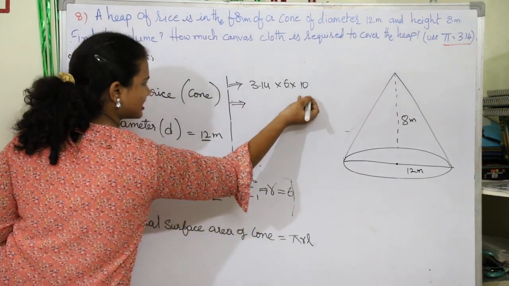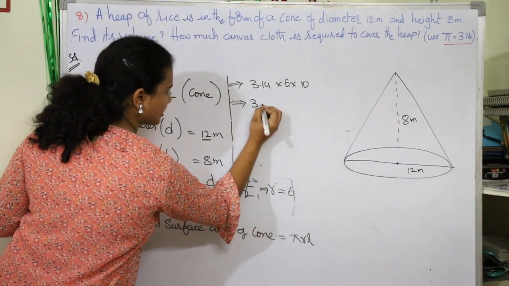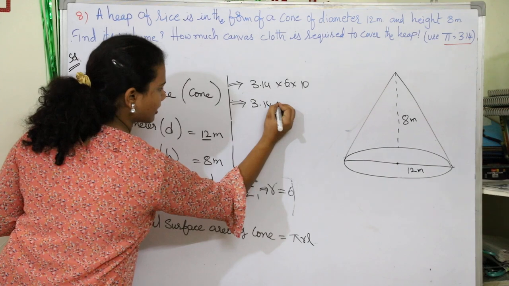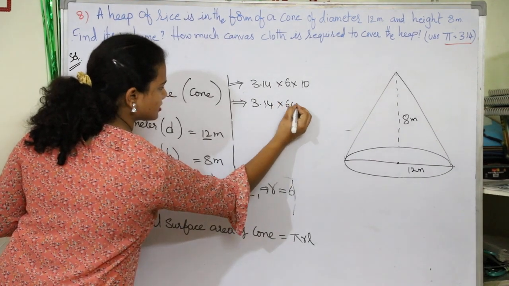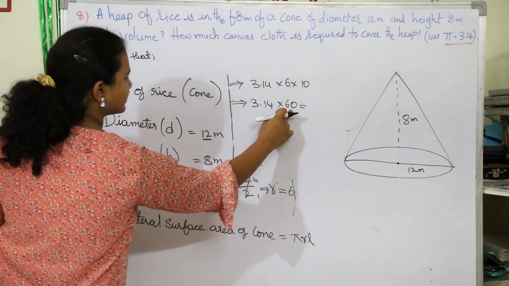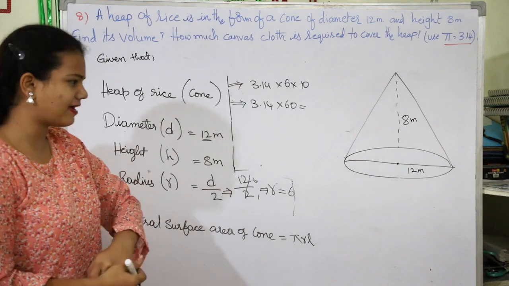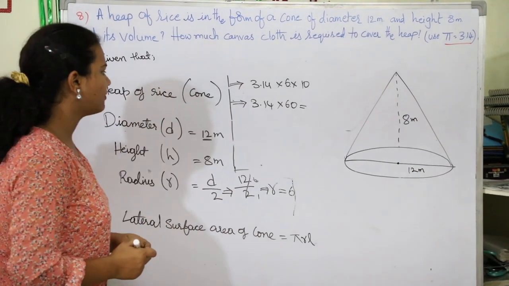Here 6 into 10 is 60. So 3.14 into 60. First do 6 into 3.14, and after that you can add the 0.